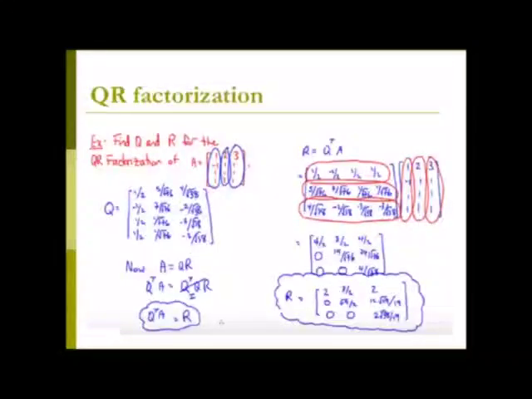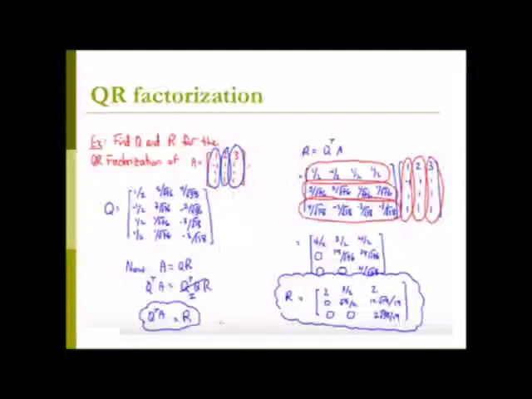Now A equal to Q into R, so Q transpose into A is equal to R. So find the Q transpose, which is just the transpose of the orthogonal matrix Q. Then multiplying by A, we get the matrix with entries 4 by 2, 3 by 2, 4 by 2, 0, 19 by root 76, 24 by root 76. Then the third column is 0, 0, 4 by root 38.